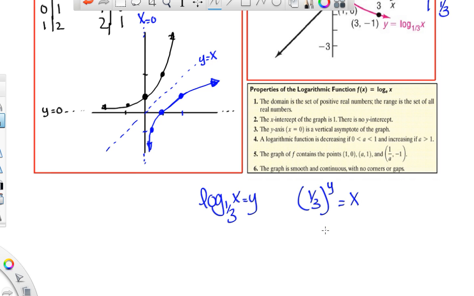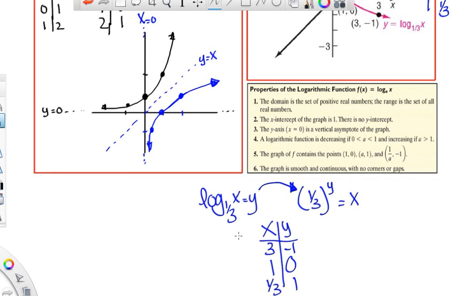And then I'll use this to plug in values, and I'll just keep it this way. I'll plug in values for y that I know, so if I plug in 0, I know 1/3 to the 0, anything to the 0 power is 1. And if I plug in a 1 for y, I know I get 1/3. And if I plug in a negative 1 for y, I know I get my 3. So then I create my table by using the exponential notation that goes with the log notation that we were given.